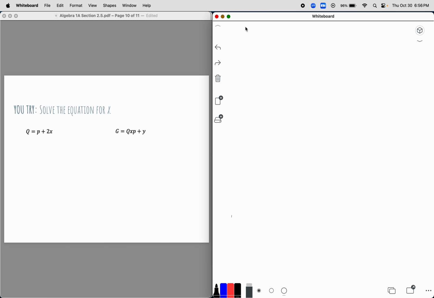We have g equals q times x times p, and that's all plus y. I think I want to rename this real quick, just so it might be easier to see the division that we're going to have to do in a moment.